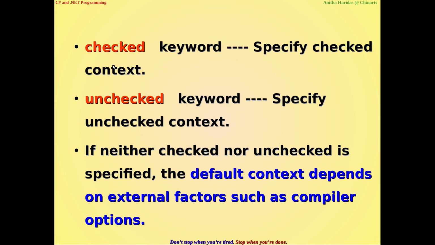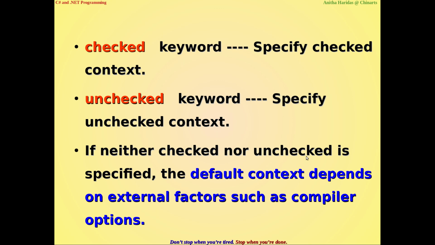If you want to have checked context, you should use the keyword checked, which is also known as the checked operator. Wherever you use the checked keyword, it specifies the checked context. Wherever you use the unchecked keyword, it specifies the unchecked context.